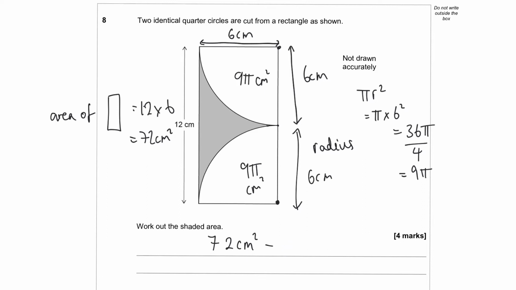So in your calculator, put 72 minus 18 pi. You should get something around 15.4 centimeters squared, or you could leave your answer as 72 minus 18 pi as well. Either way, they wouldn't penalize you.